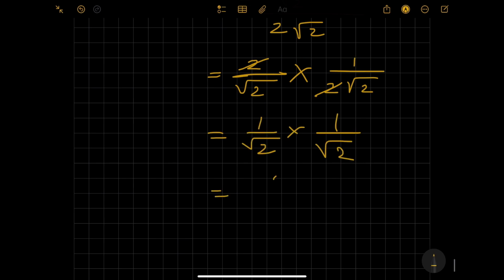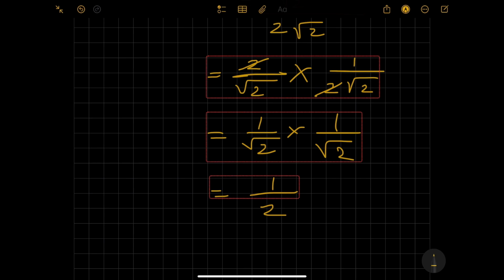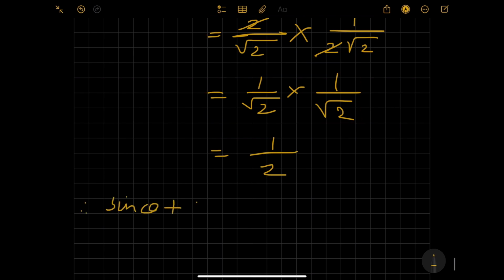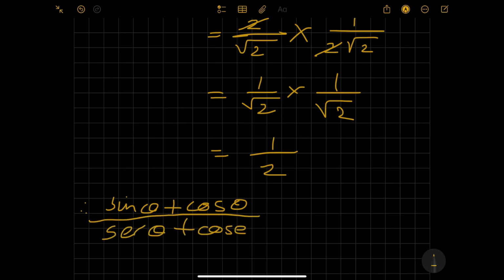So automatically you will get 1 over 2 only, because root 2 times root 2 gives you 2. Understood till here? Sure. So we can say that, therefore, (sin theta plus cos theta) divided by (sec theta plus cosec theta) gives you half. Clear?